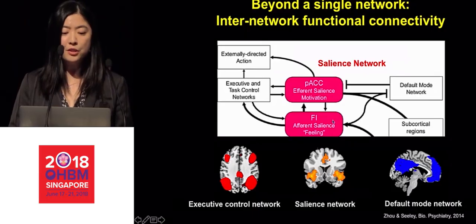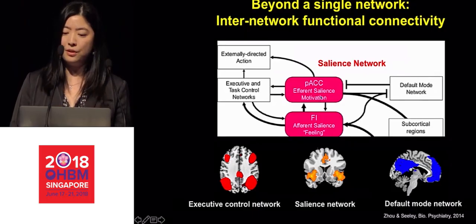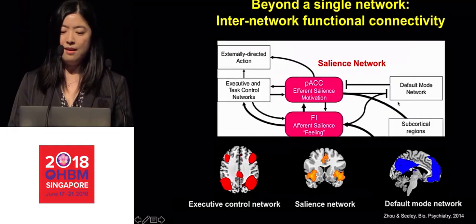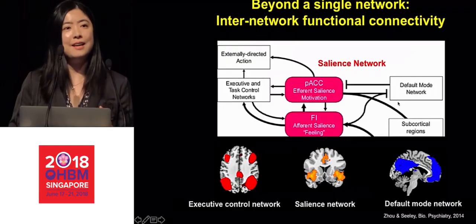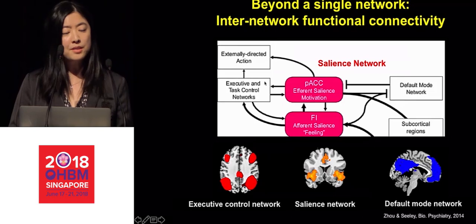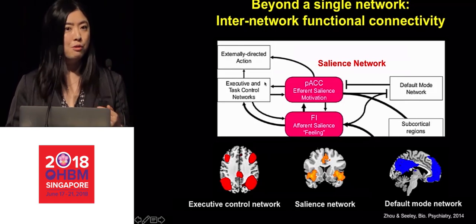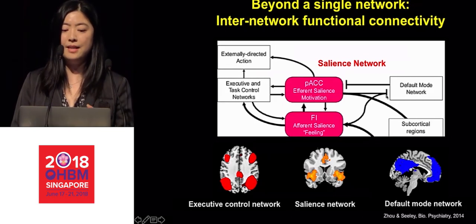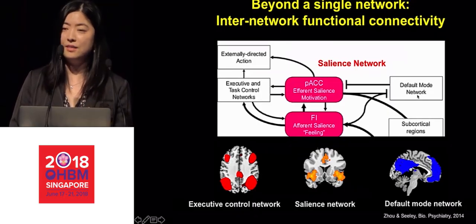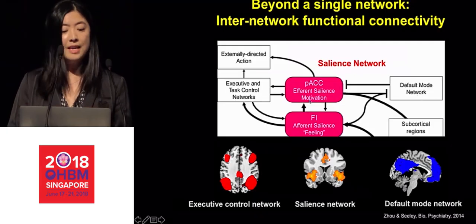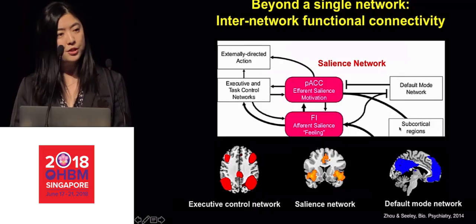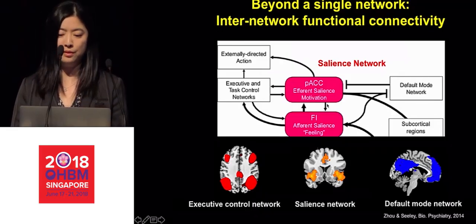There is high functional connectivity within each network and low connectivity between the networks. This supports specialized and integrated information processing. The task-positive networks, like executive control and salience network, and the task-negative default mode network are often anti-correlated or segregated. The salience network is closely connected with subcortical structures as well as the executive control network.